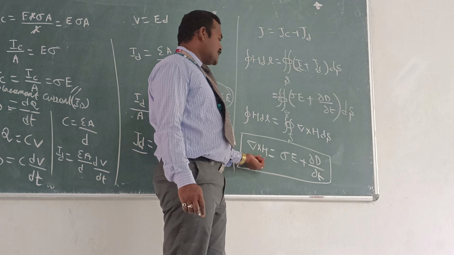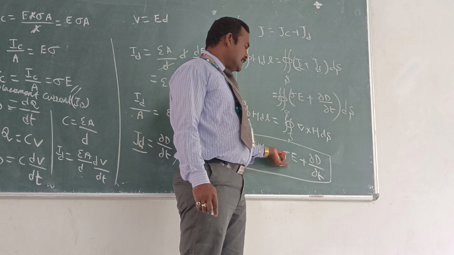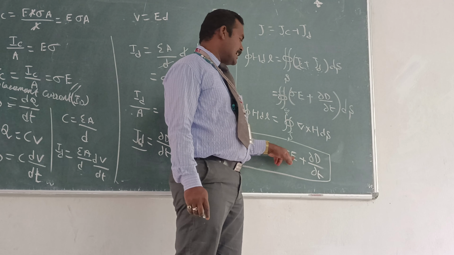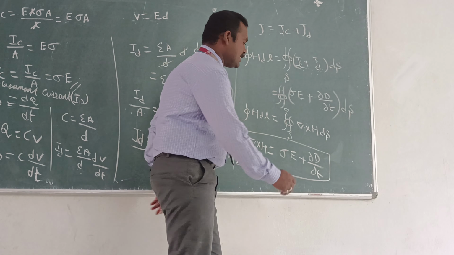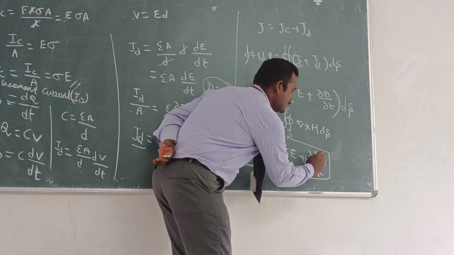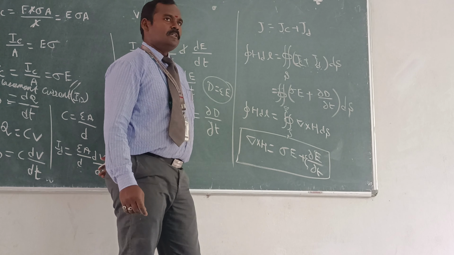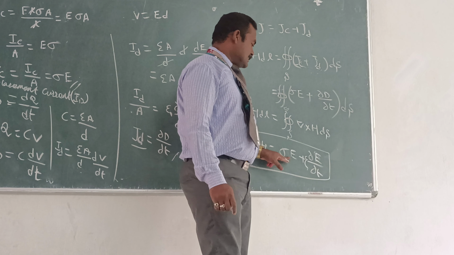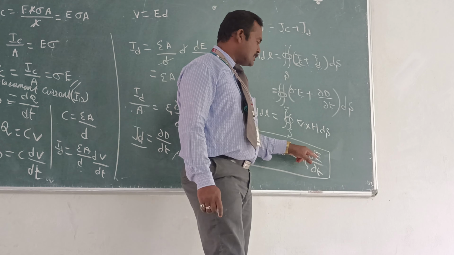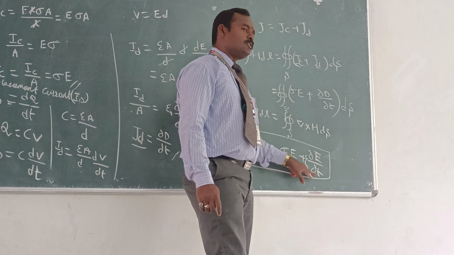So finally you obtain del cross H equal to sigma times E plus dou D by dou t. If you write it in terms of the electric field, what will come? Epsilon times E, right? Here the E is there, so if you write it in the E term, epsilon times dou E by dou t will come.